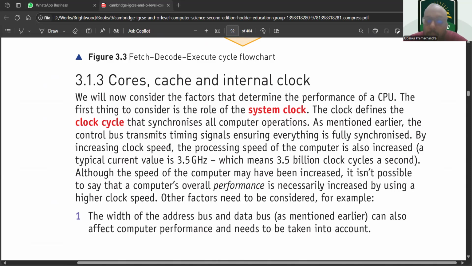Next, by increasing the clock speed, the processing speed of the computer should also increase.